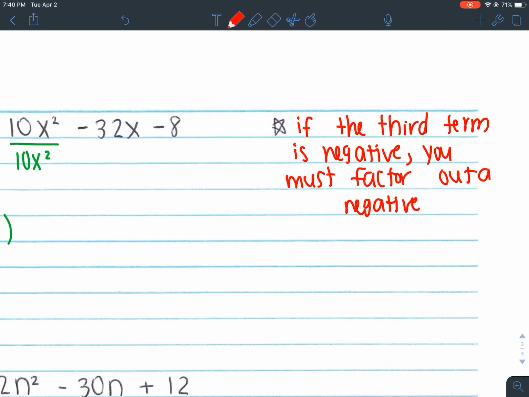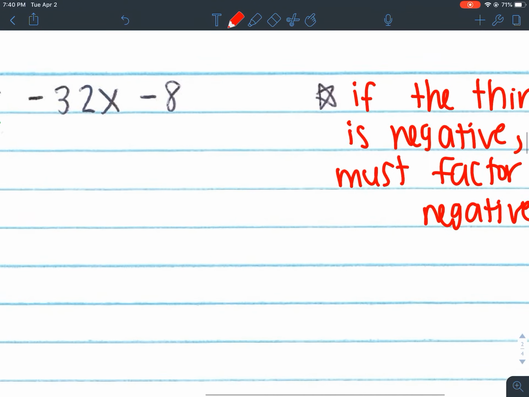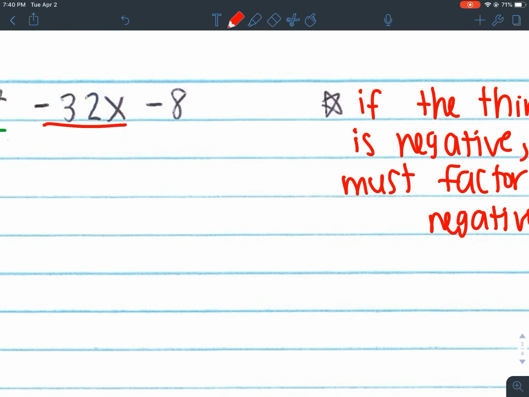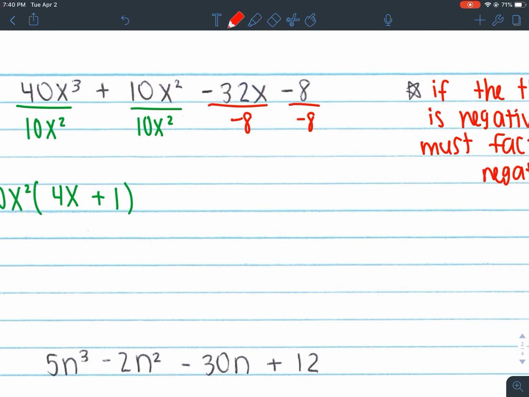If that first one's negative, you always factor out a negative. So when I divide here, I'm going to have to divide a negative something. Well, the biggest number that goes into 8 and 32 is 8, so I'm going to factor out a negative 8. So negative 8 is the biggest number I can factor out. What I have left is a positive 4x and a positive 1.